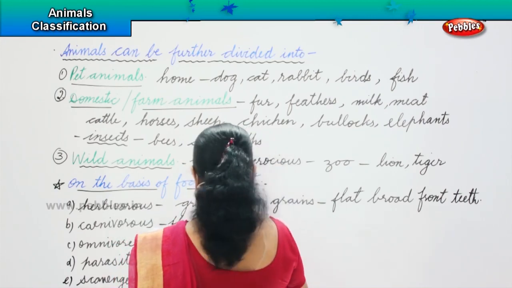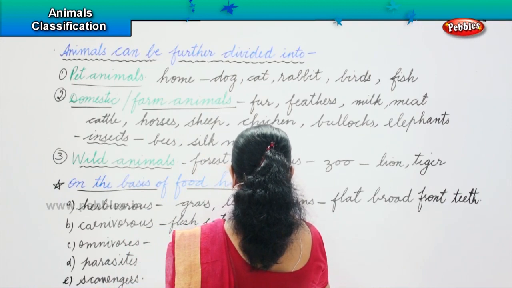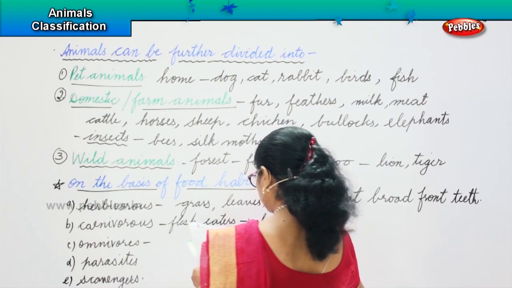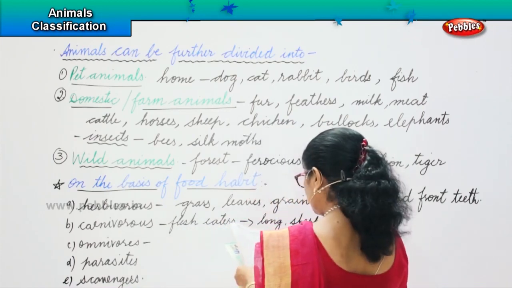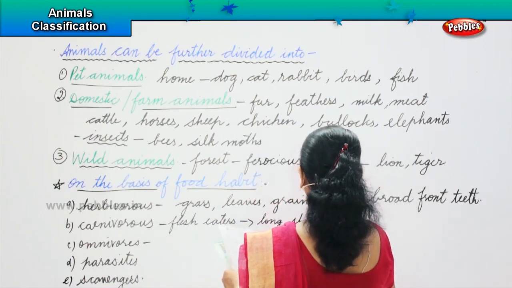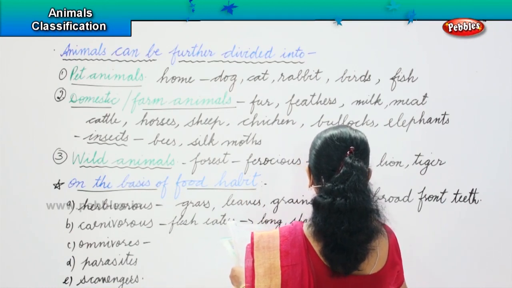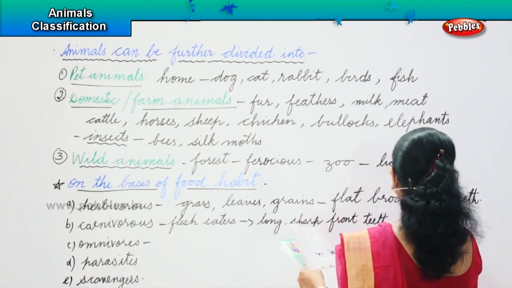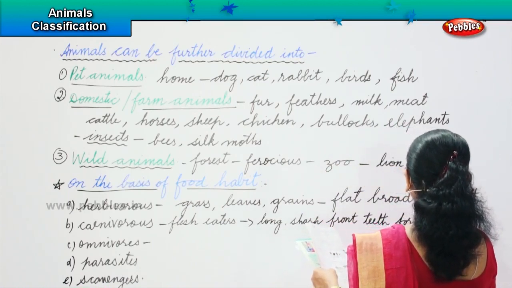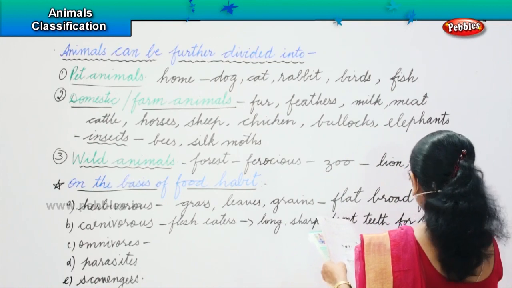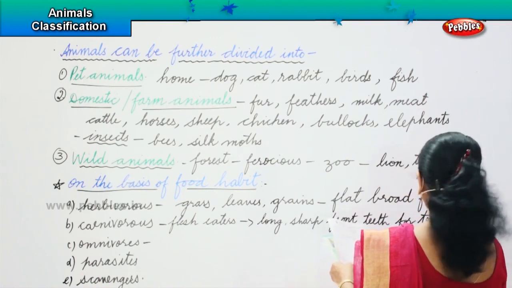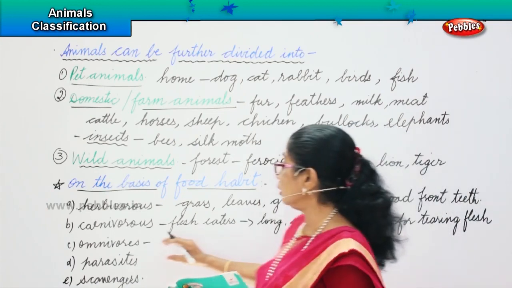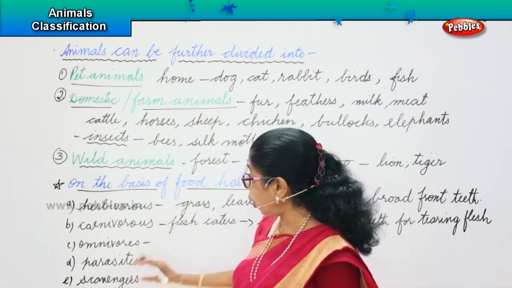They have long, sharp front teeth for tearing flesh. That is a carnivorous animal.